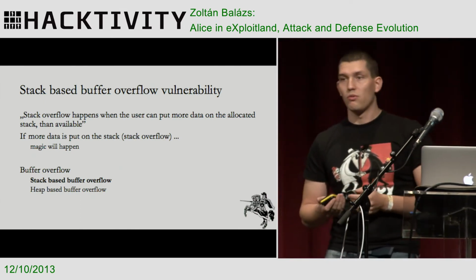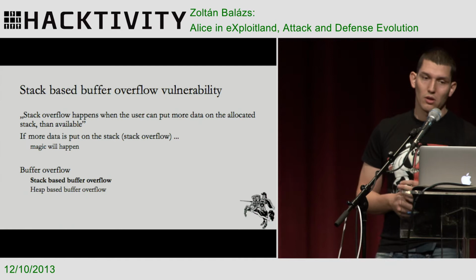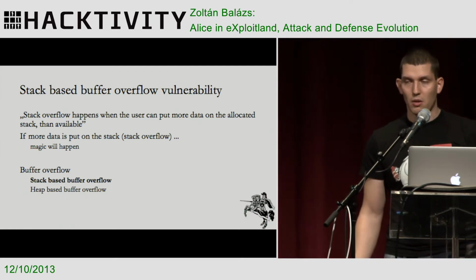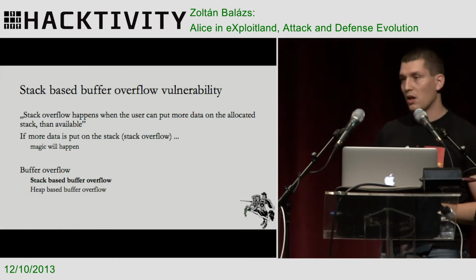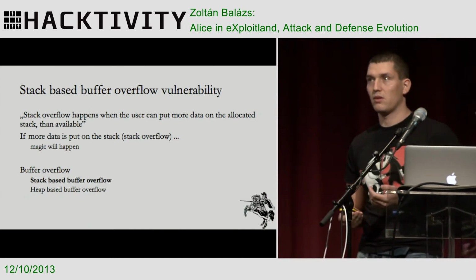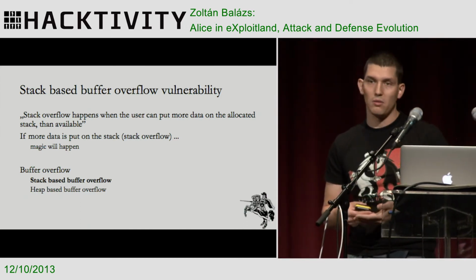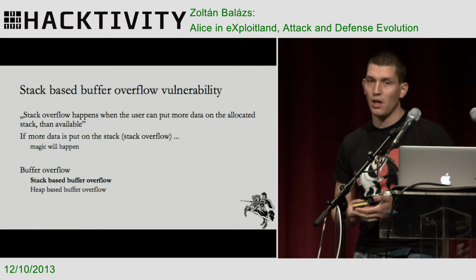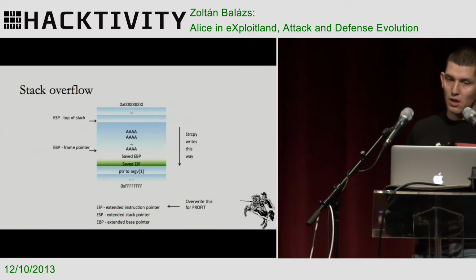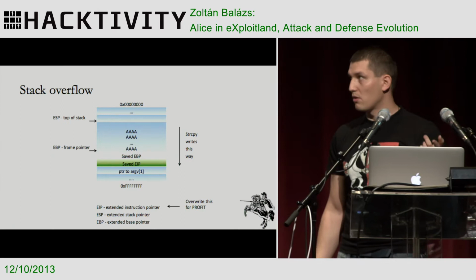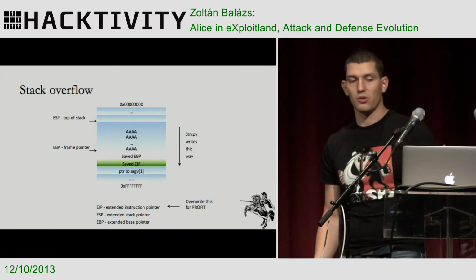Stack-based buffer overflow vulnerability happens when the attacker can put more data on the stack than was basically thought by the programmer who designed the program. And this is the slide where we have left the stack.